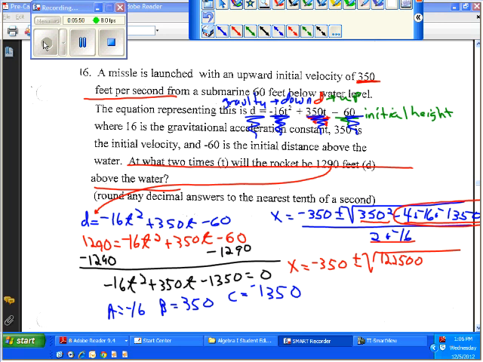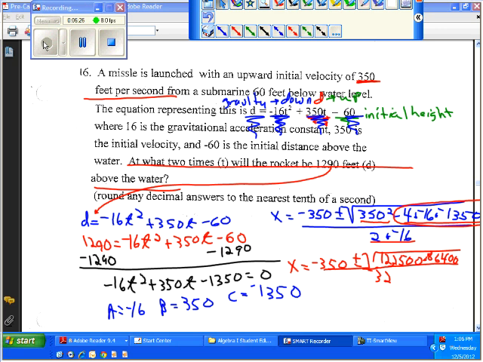So 4 times 16 times 1,350 is what? 86,400. Okay. And there's an odd number of negatives, so it's a minus. That's a minus sign. All over 2 times my a value, which is negative 32. I'm trying to do a decent looking job here. That was 2 zeros on the 86,400.